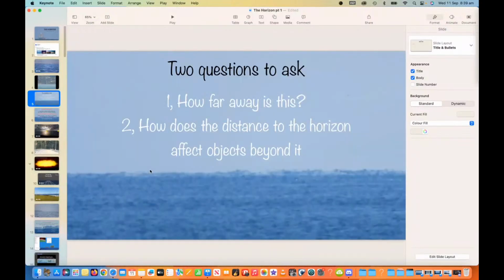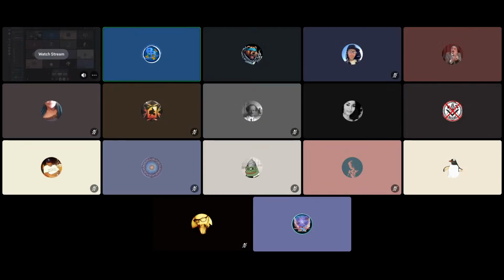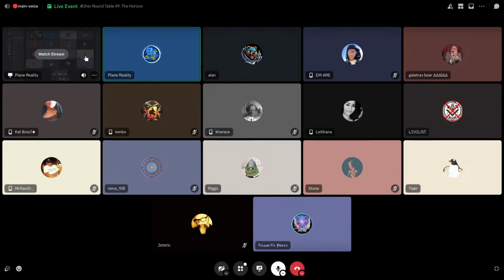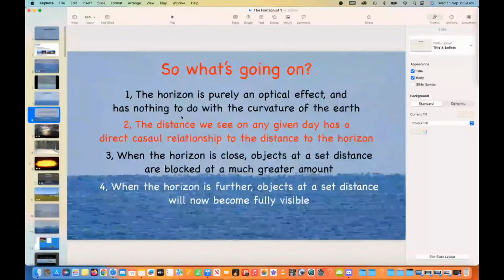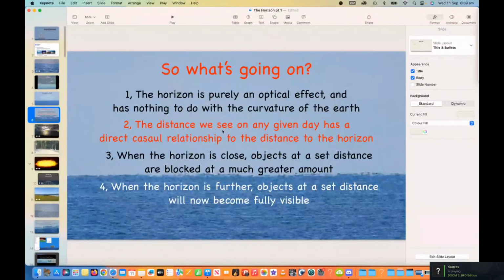Now, when we see a horizon, we know nothing about it. So when you're looking at it, you can say, how far away is this? And also, how does the distance to that horizon affect objects in the distance? Now, what am I saying the horizon is? So the horizon is purely an optical effect. It has nothing to do with the curvature of the Earth.